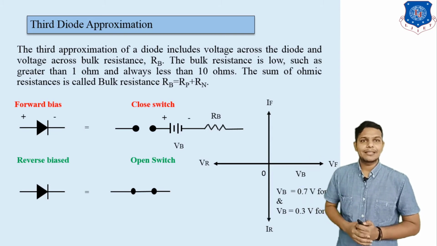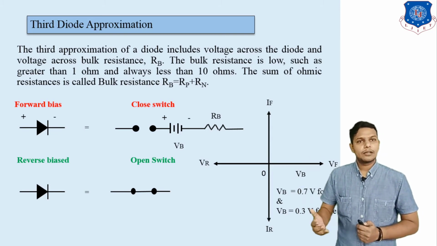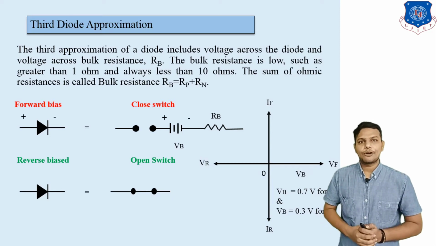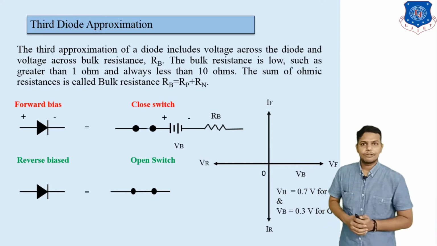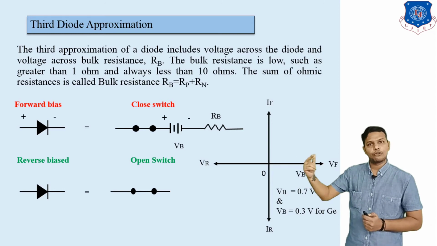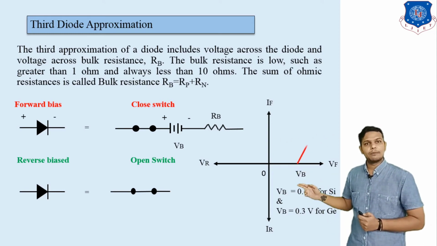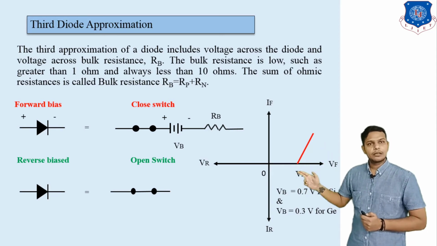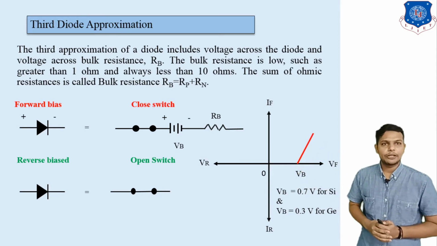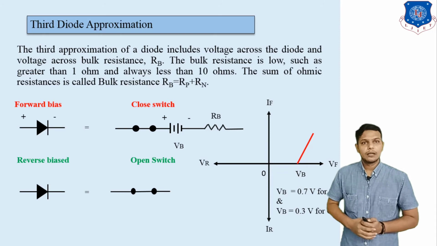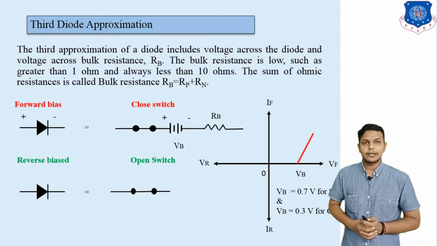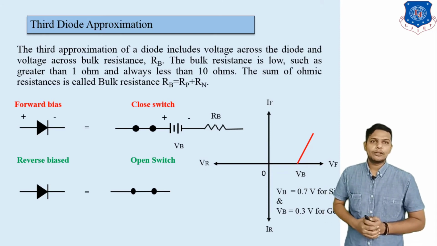So its graph is a little bit different from the first diode approximation and second diode approximation. Like we can see, this is the closed switch, current flowing from plus to minus in this direction. So your graph will be like this. It is on at 0.7 volts if it is silicon material. If it is germanium material, it is on at 0.3 volts.